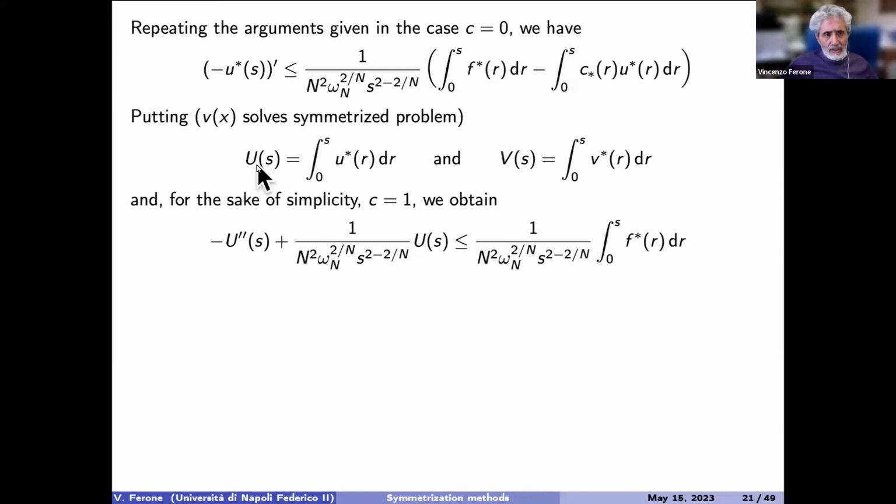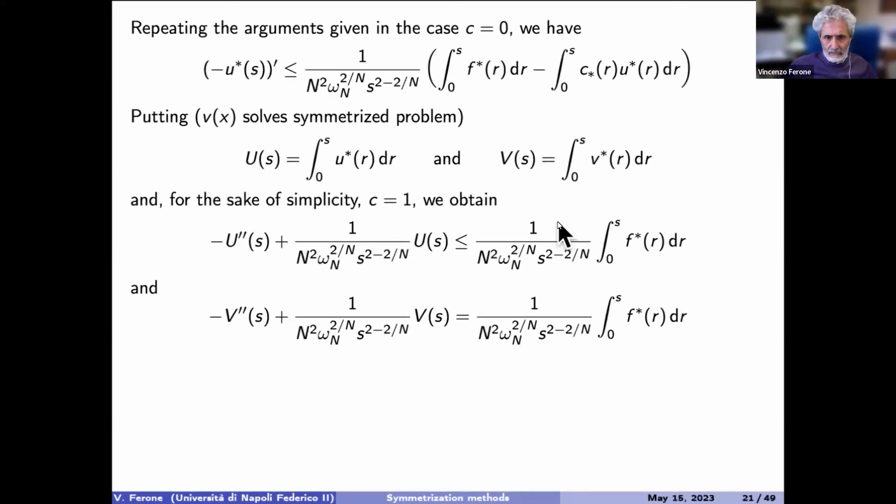Now, if I call capital U the integral of u star, and capital V the integral of v star, where v star solves the symmetrized problem, I can write, and for simplicity, actually one can manage also the case where c is different from 1. So suppose that c is equal to 1, the above inequality becomes an inequality in capital U, which can be written like the second derivative of U plus a coefficient times U less or equal, the right-hand side is exactly the same as the right-hand side I have got in the other situation.